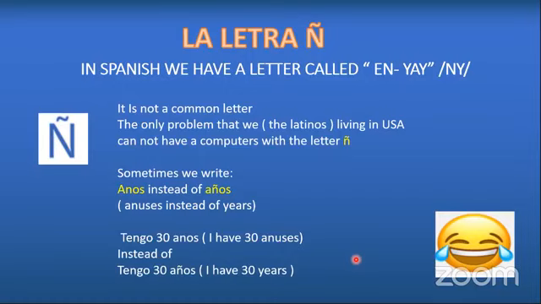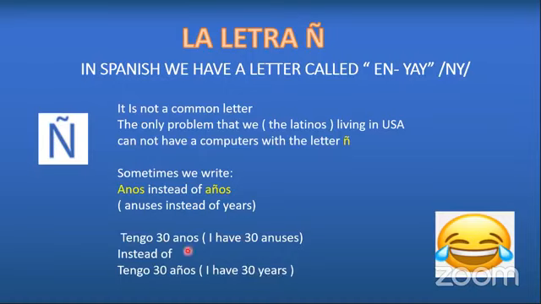So the problem is we can type anos instead of años, and that's a real confusion because anos means anuses and años means years. That's something funny that happens very commonly among Latinos. We sometimes type tengo 30 años as, I have 30 añoses, instead of, I have 30 years. That will be the only confusion here.